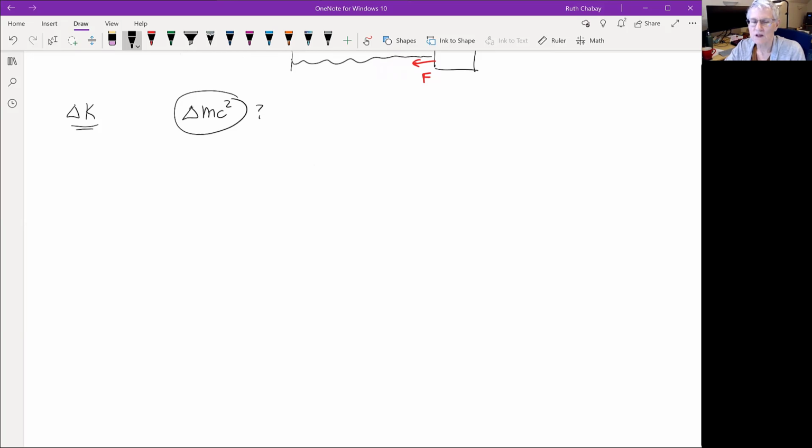The answer is yes. The rest energy of a system can actually change. And when the rest energy changes, then some of that rest energy can be converted to kinetic energy.